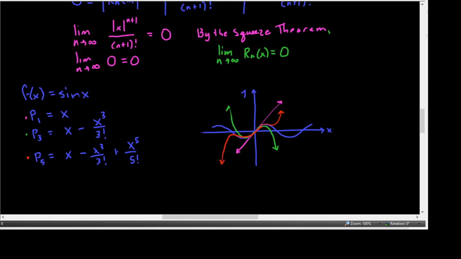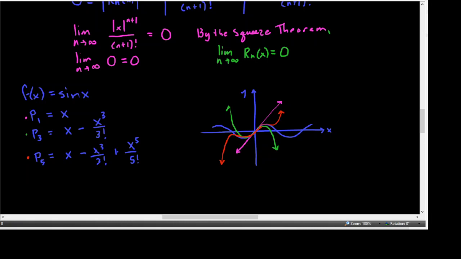So again, it's agreeing with the sine function for a broader range of values centered at c. And if you kept going forever, if you could do that on your calculator, a polynomial graph that's infinitely long would exactly match the sine of x.